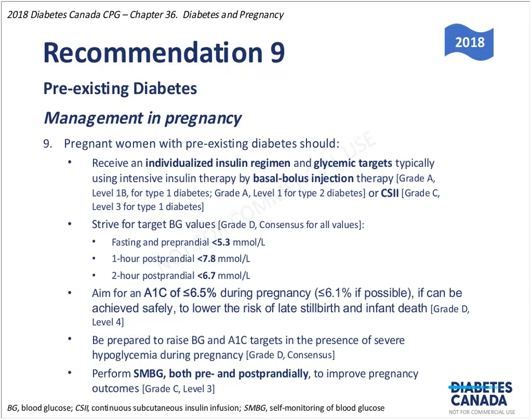The reason for the strict targets is even if people have A1Cs in the type 1 population, A1Cs between 6.5% and 7% by the 3rd trimester, the rate of macrosomia is still incredibly high, 50% plus. So the only way that we can really make a dent in reducing macrosomia rates and the attendant complications is actually to get the A1C down into the non-diabetic range.